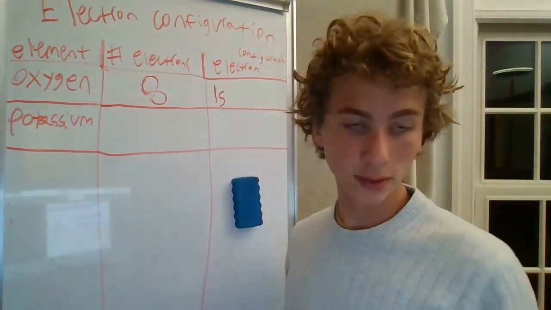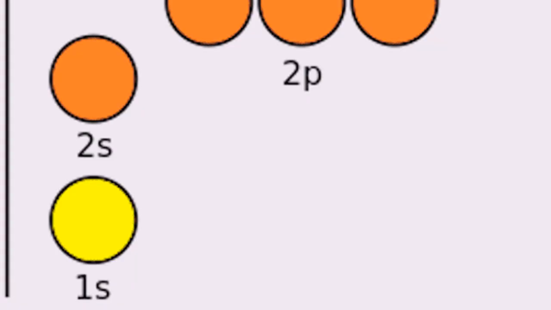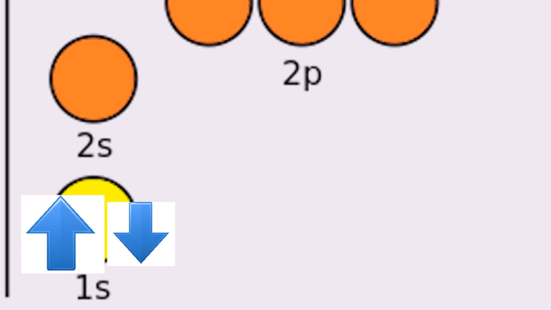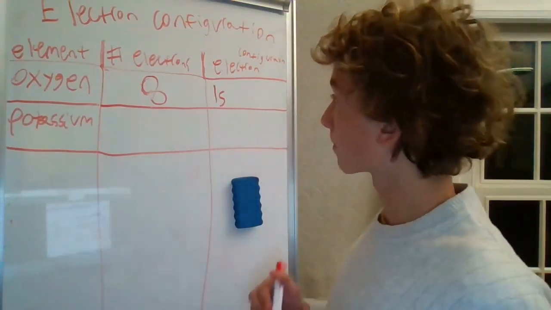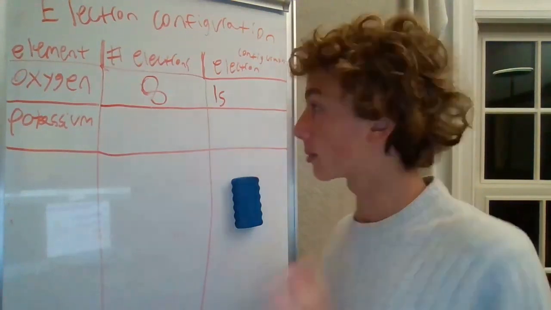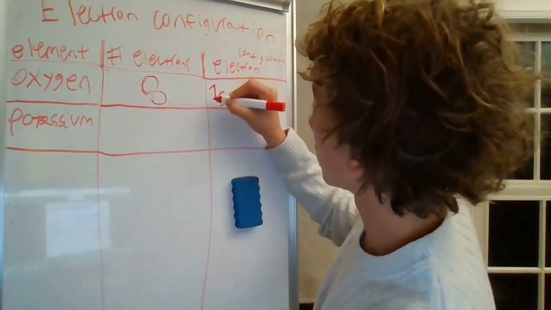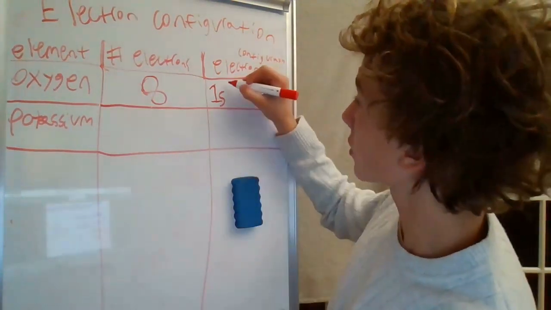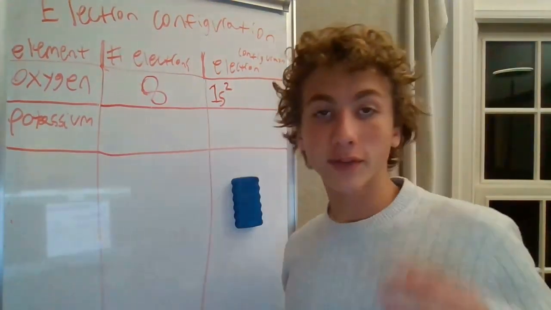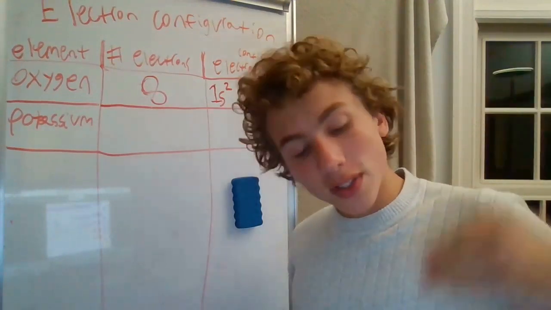In that little circle, you can only fit 2 in each box. So for the first one, it's 1s2, meaning that you can only fit a maximum of 2 electrons in there, but there are 8. So you have to fill in 2 for that. And then you have to go to the next lowest value.